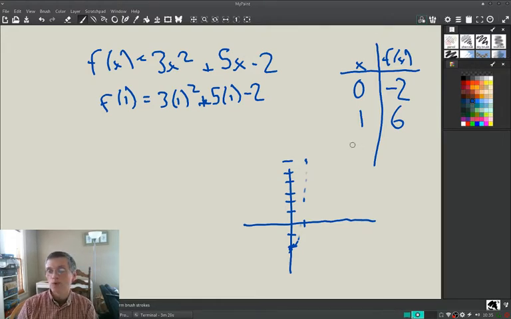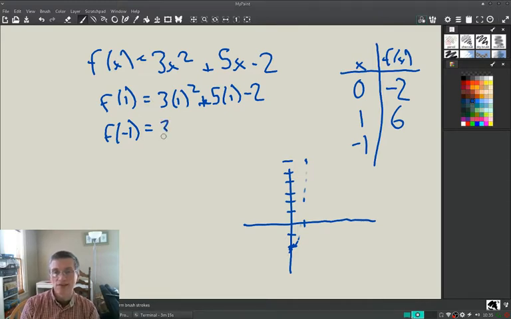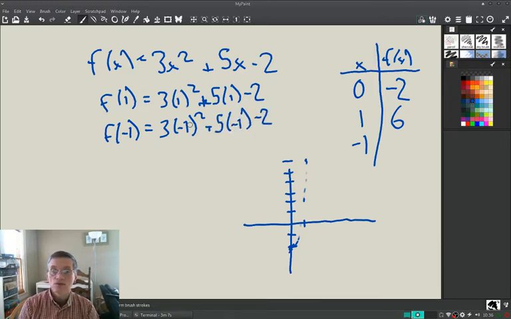Let's try minus 1. You can always solve an equation by plotting points. If you plot enough points, you'll get the entire thing. This is 3 times minus 1 squared plus 5 times minus 1 minus 2. Minus 1 squared is 1.